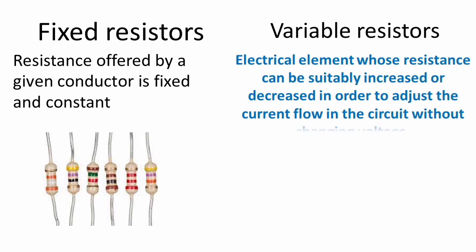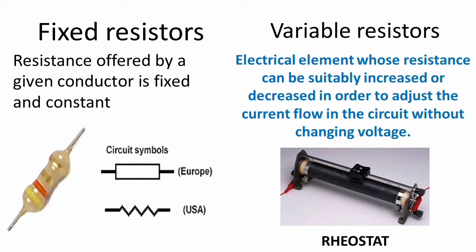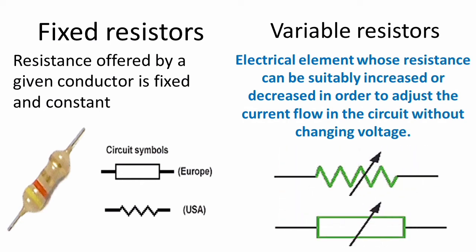Whereas variable resistors are electrical elements whose resistances can be suitably increased or decreased in order to adjust the current flow in the circuit without changing voltage. The commonly used variable resistor in a physics laboratory is the rheostat. The circuit symbol for a fixed resistor and a variable resistor is shown here.